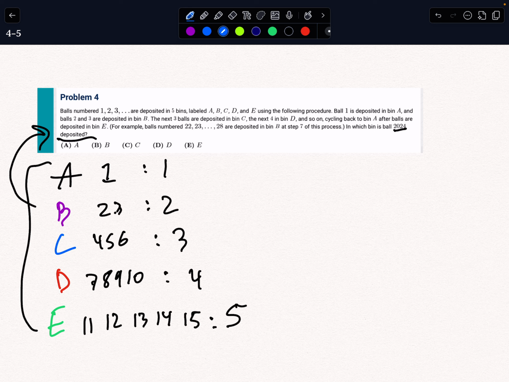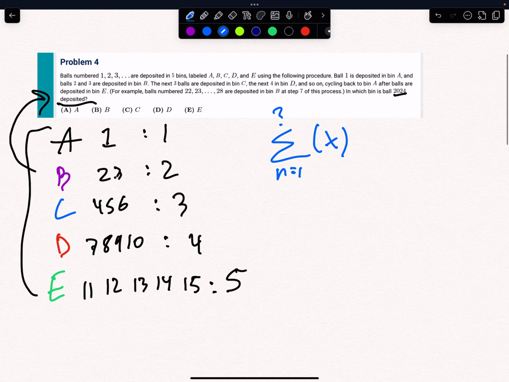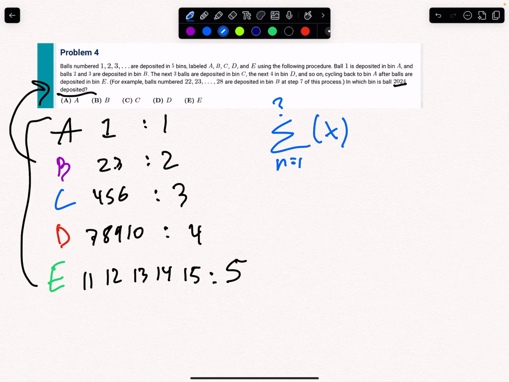So this expression can be modeled in sigma notation, and we actually don't know its upper bound, but that's what we're going to solve right now. What does this mean? For bin 1, you're only going to have 1 ball. But then for bin 2, n goes up by 1, and now you have 2 balls.